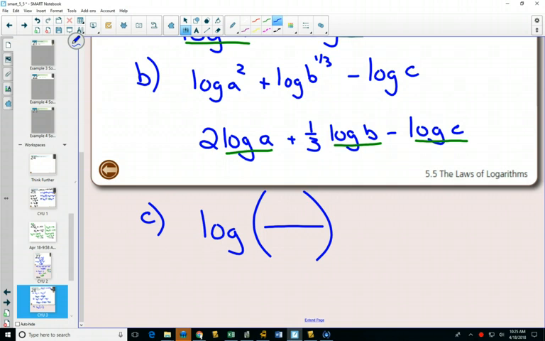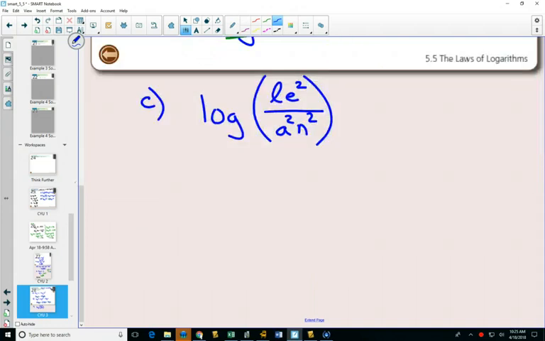We'll have Lee on the top, and what's another good name with a lot of letters that are the same? Anna on the bottom. This is how you write Anna in math, right? So if we had to expand this completely, we would get, well, whatever's on the top would get added.